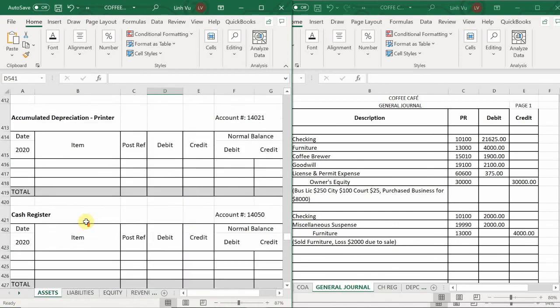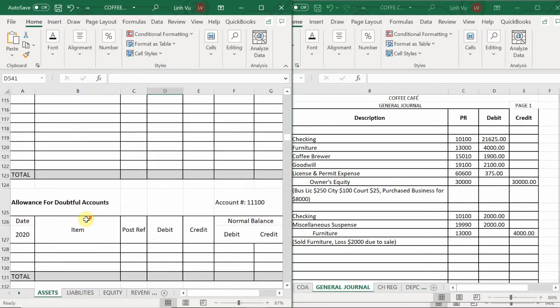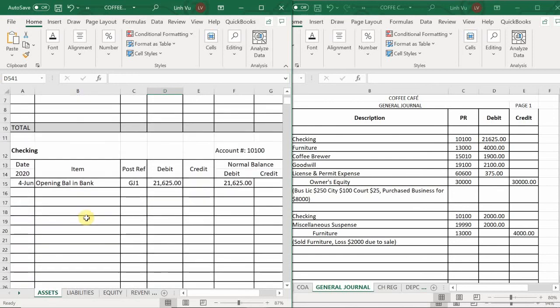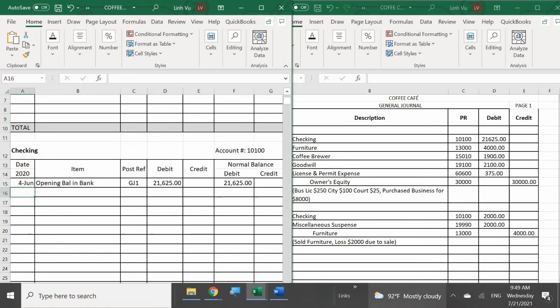And I know my checking account is all the way at the top of my assets workbook. So here we are. Now in this case, I'm saying that my bank account is increased because I sold furniture. But did I actually make a deposit?